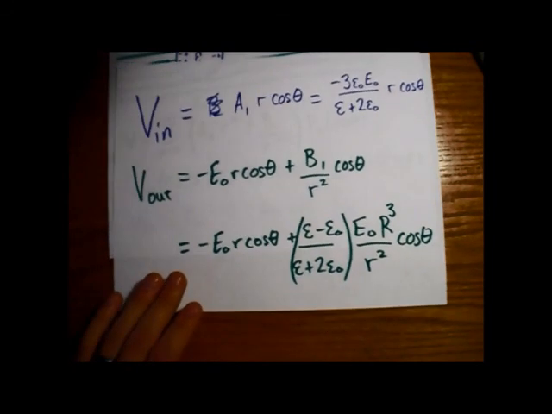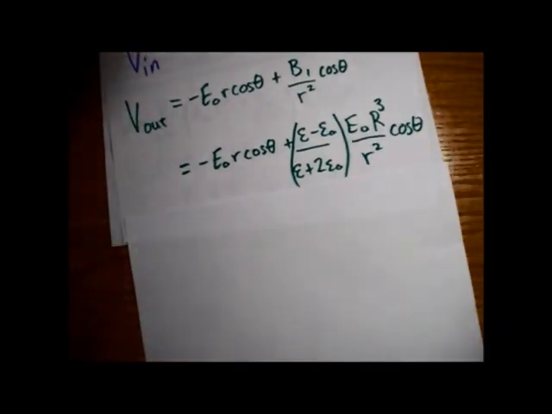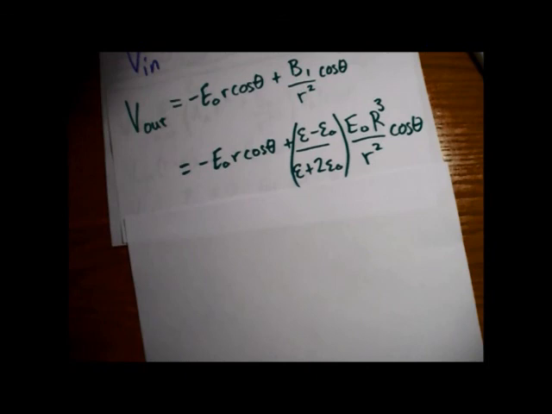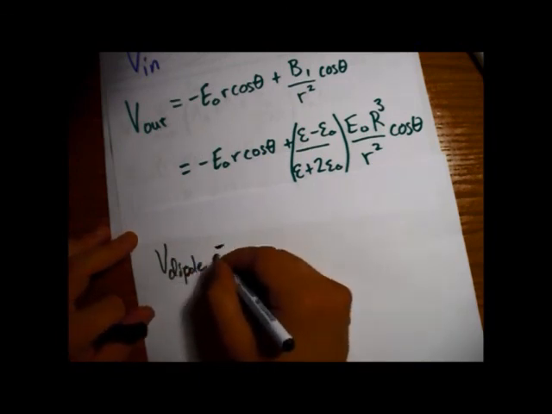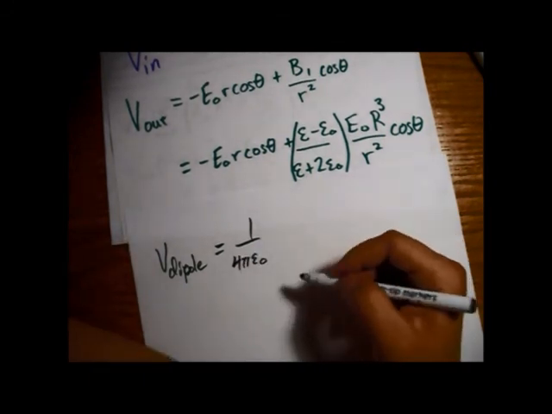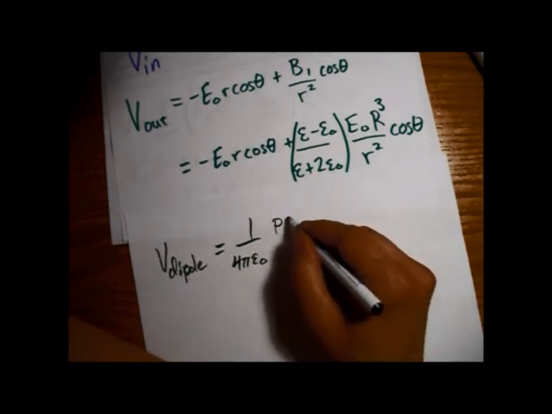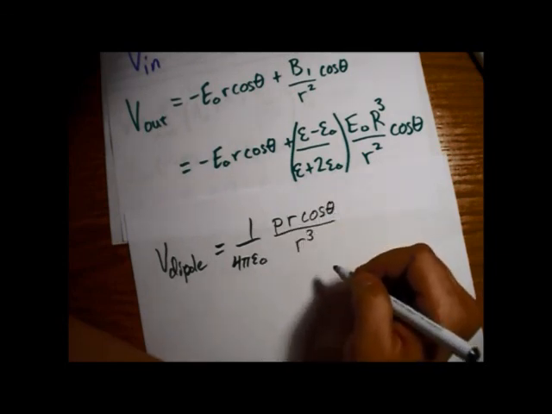Let's take a look at this in terms of our dipole moment. Okay, the potential for a dipole, we'll have a 1 over 4 pi epsilon naught, and then we'll get a p r cosine of theta over r cubed, right?